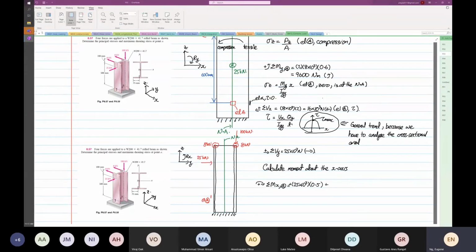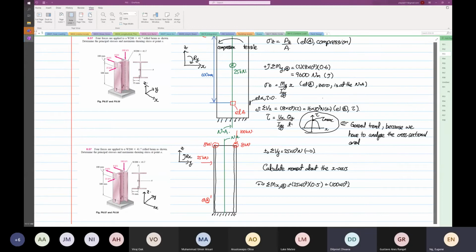Now the 100 kilonewton, what is the perpendicular distance? Anyone? What is the perpendicular distance of the 100 kilonewton? So 150 plus the thickness of the beam.